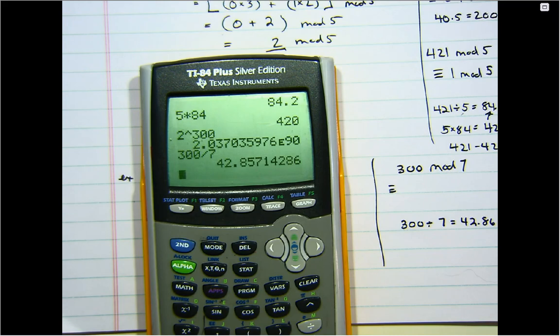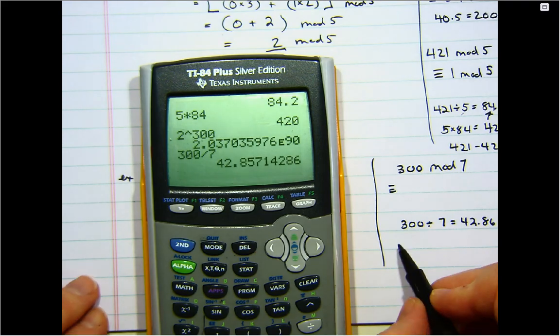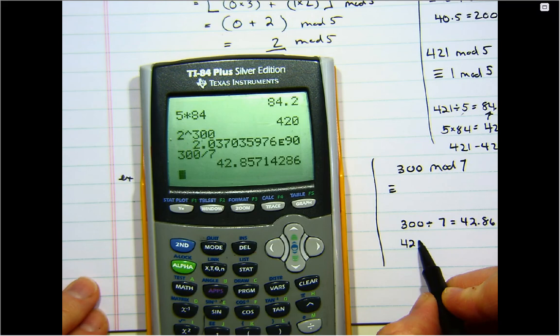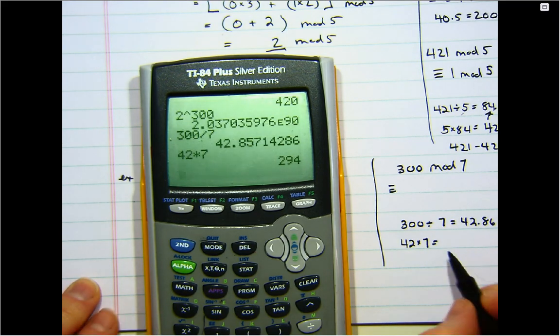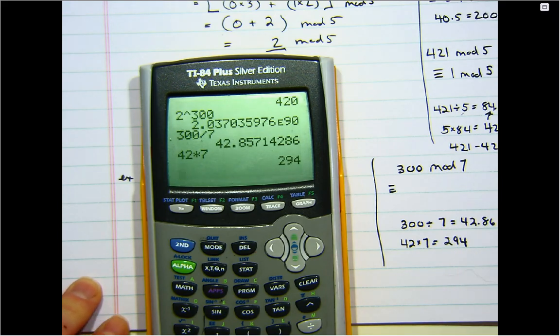When we divide the 300 by 7, we have 42.86. So 42 full multiples of 7 can be subtracted away from the 300. Let's see what that is. So 294 can be subtracted away from 300.